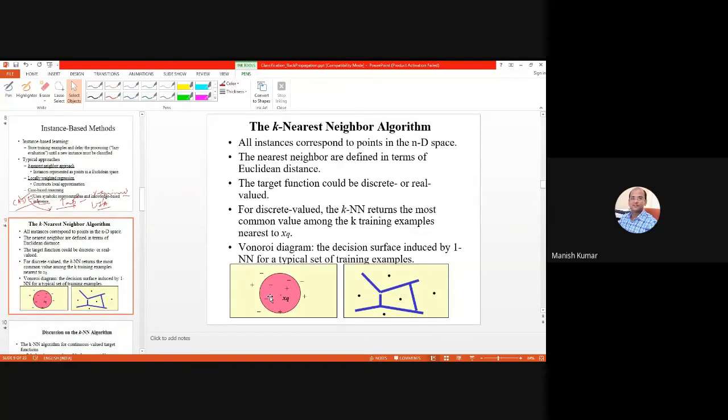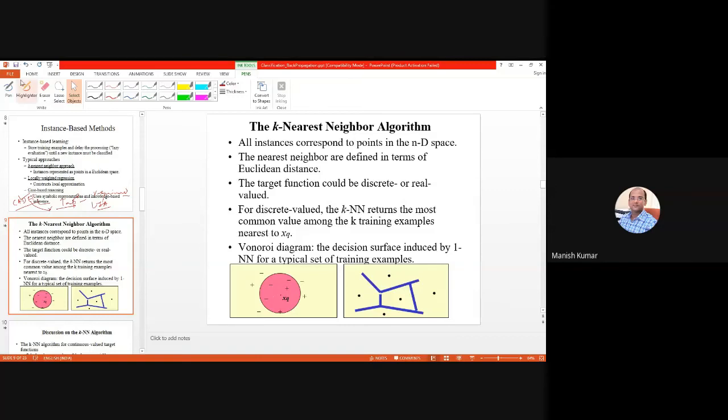So let us first go for the k nearest neighbor. All instances correspond to points in n-dimensional space. The nearest neighbors are defined in terms of Euclidean distance, as I just told you. The target function could be discrete or real valued, so it can be both. For discrete values, KNN returns the most common value among the k training examples nearest to x_q.